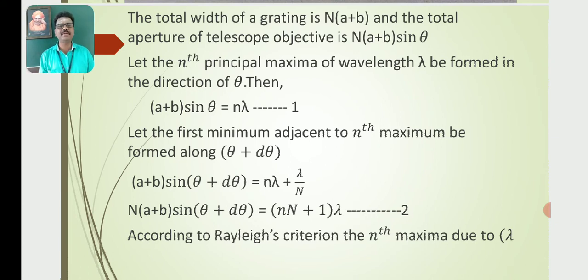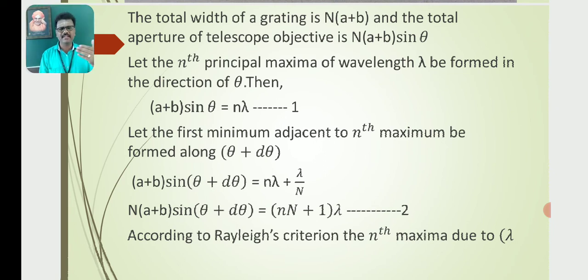Let the first minimum adjacent to the nth maximum be formed along theta plus d theta. What we know is that the diffraction pattern consists of a central maximum, then secondary minima and secondary maxima, formed on either side of the central maximum. So let us consider the first minimum adjacent to the nth maximum formed along theta plus d theta.